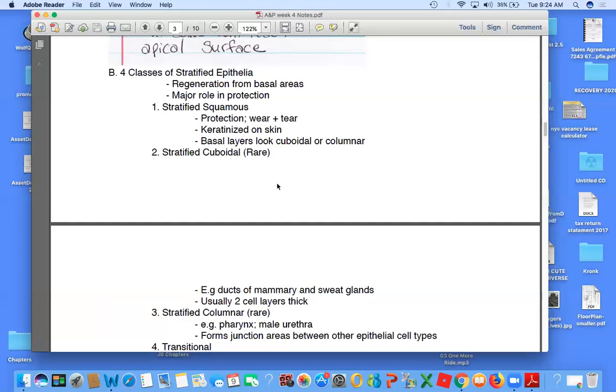That means the bottom layer of the cells, and they grow out. So feel your skin. What you feel is dead. The very bottom layer is the only one that's alive, and that's what produces all the rest. And therefore, the major role of stratified is protection because you have a lot of layers. So we protect our tissue.